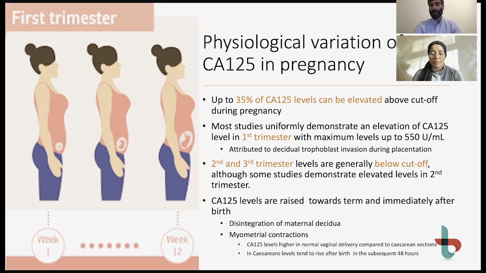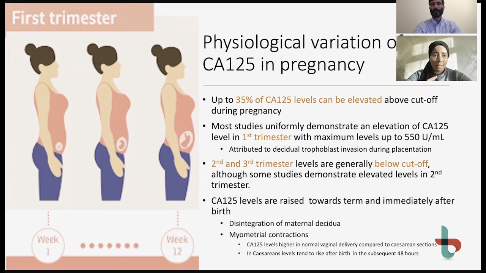And as a result, we know that during the first trimester, we can see the rise in the level of CA125. On the contrary, during implantation, we see the downregulation of CA125 in order to help implantation of the fertilized egg. So CA125 levels tend to be raised towards term and immediately after birth.